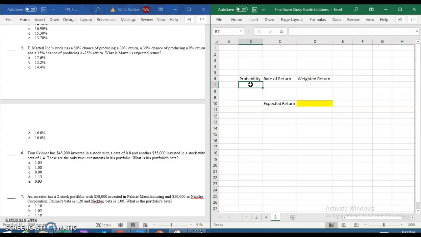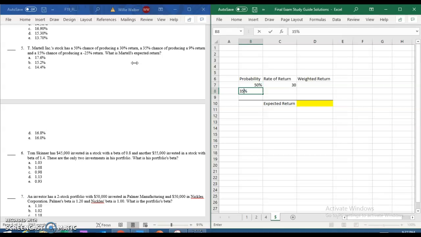50% probability of a 30% return. I'm going to leave my returns, I'm not going to put them in percentages. I'm only going to use percentages for my probabilities.